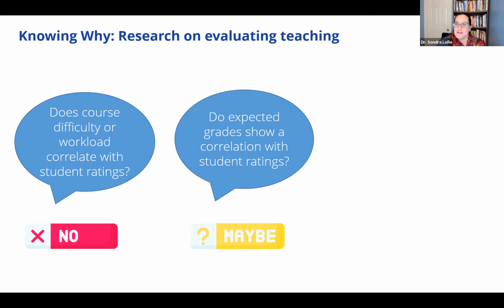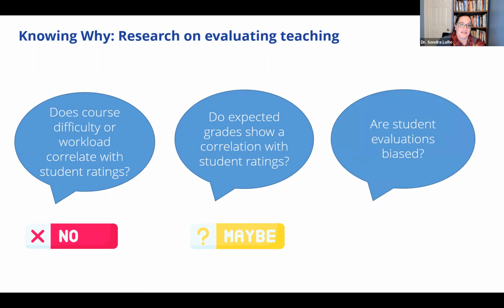Students who expect to get a C or D in the class may still score the professor higher if they have a relationship with them, and sometimes even indicate that they weren't able to do their personal best in the course, but that doesn't mean they're going to rate them poorly. So that one's a maybe. The research there is very split.